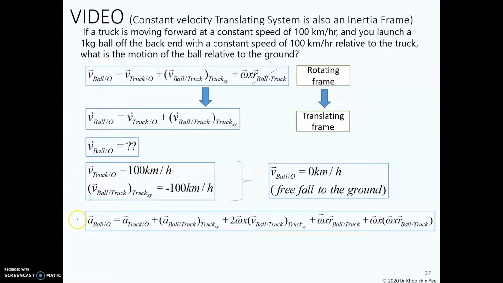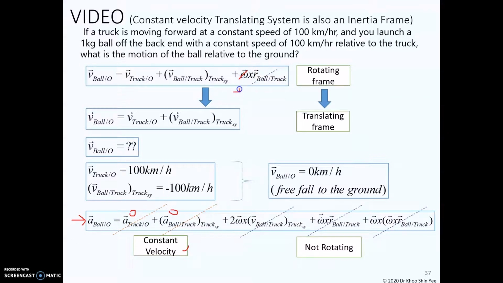Besides the velocity, you can also find the acceleration of the ball with respect to the ground to be this equation. Since the truck and the ball are moving with constant velocity, these two terms can be cancelled. You should know constant velocity will give you 0 acceleration here. There is a correction here, so this will be omega, because this is the angular velocity for the frame.